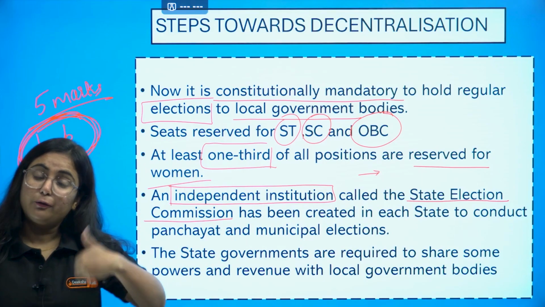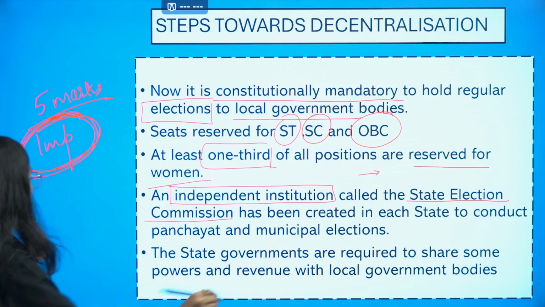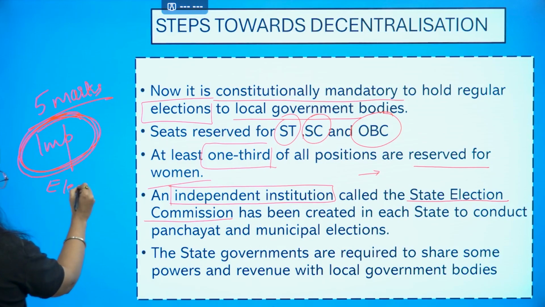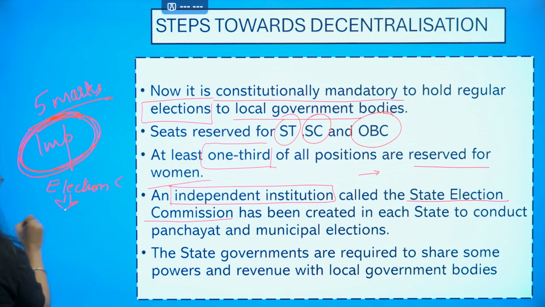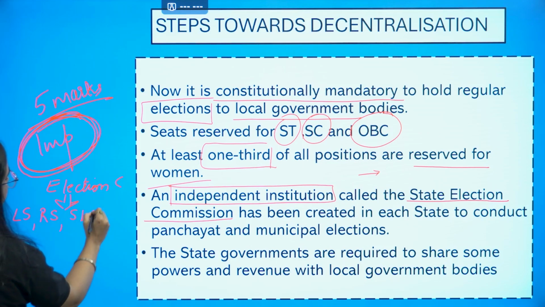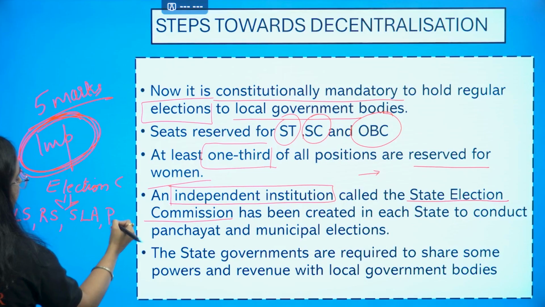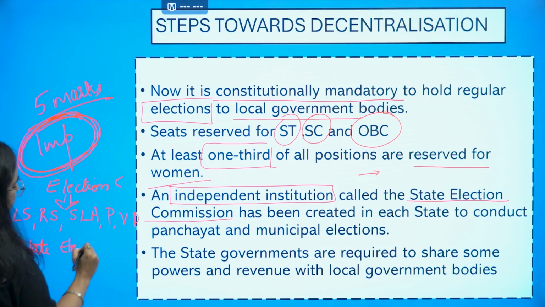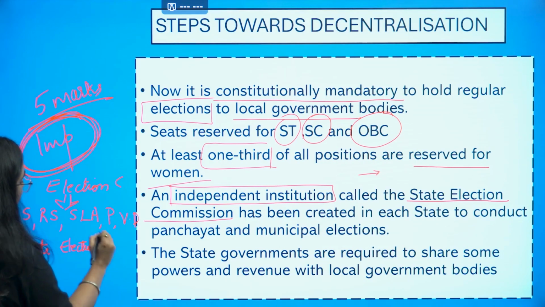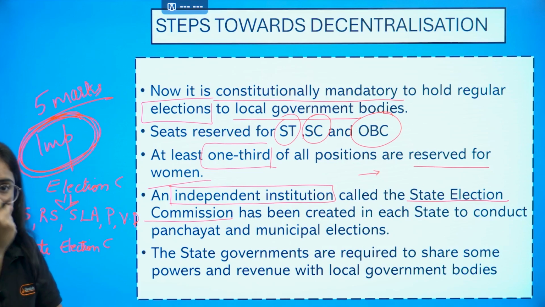Why was a different election commission created? India has an Election Commission which conducts the elections of Lok Sabha, Rajya Sabha, state legislative assemblies, president and vice president. Get the point? But now we have formed the State Election Commission, because this is a federal state.